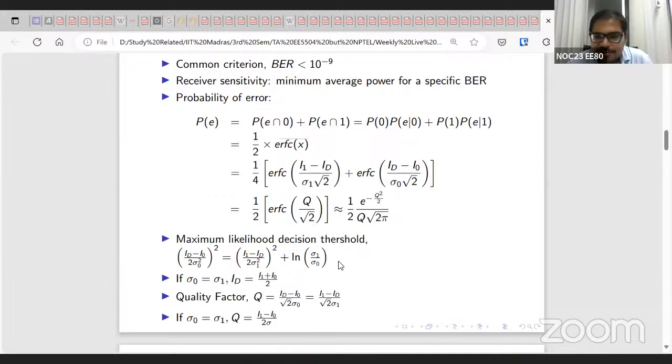I think one of the assignment questions uses that expression. Then for thermal noise limited systems, we discussed the case where sigma 0 and sigma 1 are the same. In that context, what will be the quality factor? The quality factor definition is this.